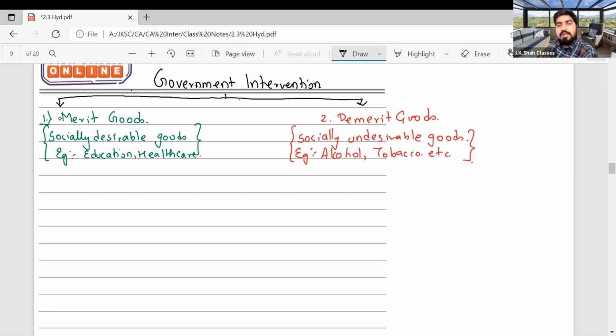Will the government provide it free of cost? People don't value free. But will it be a very high price similar to what the private sector is charging? No, it will be a very basic charge. Even if the government is making losses, they will charge a very nominal fee, because if it is free, people will start taking advantage of it.